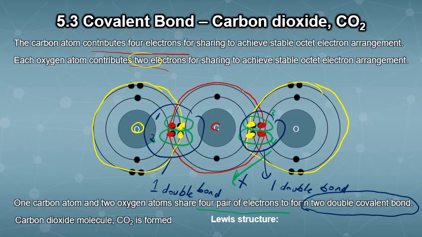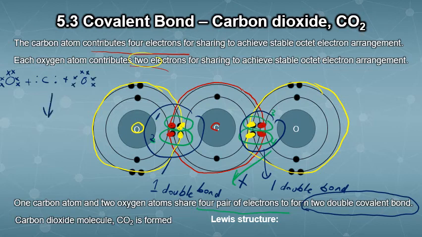Now let me draw the Lewis structure for you. Not enough space, so I'll draw here. This is the Lewis structure. The oxygen has 6, 1 2 3 4 5 6, plus the carbon with 4 valence electrons, and the same for the other oxygen, 1 2 3 4 5 6.